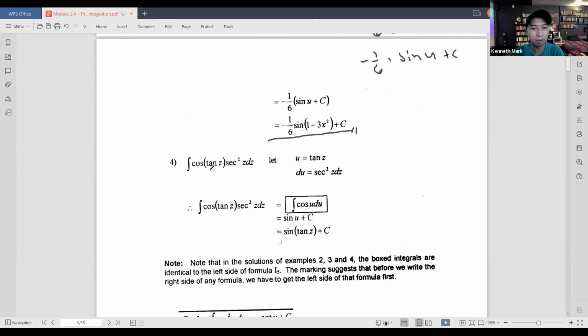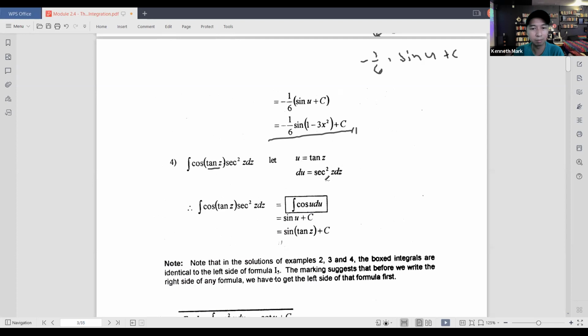Okay, so notice that we have may tan na tayo, may secant na. Okay, so we just do the same, no? So we just let u ito. And then derive natin. So that is secant squared z dz. Okay, so the derivative of tan z is equal to secant squared z dz. Yan. Then simplify natin. So that is 1 na lang ito, di ba?